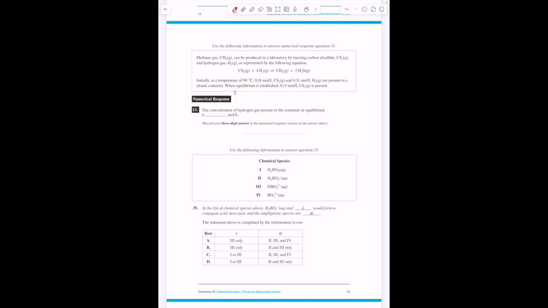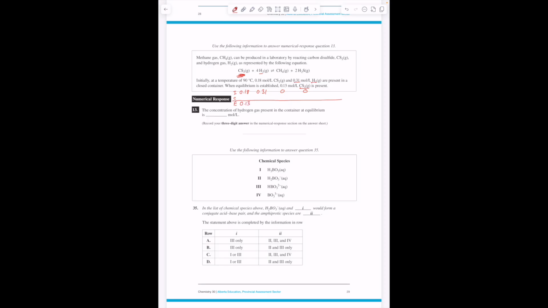So ice table, CS2 is 0.18. H2 is right here, that's 0.31. What else did they tell us? These are 0. When equilibrium is reached, CS2, this one is 0.13.